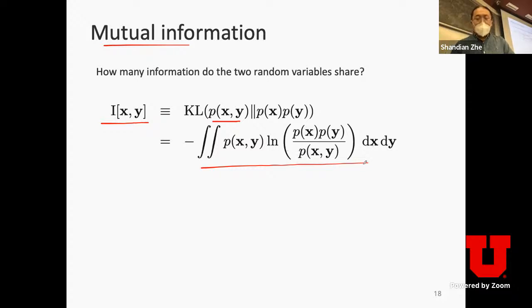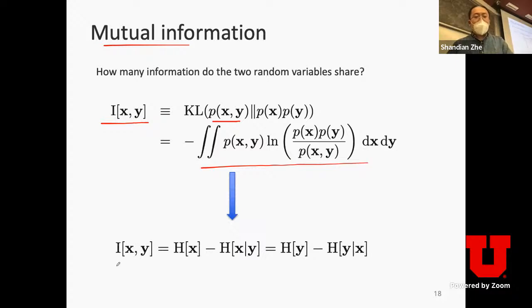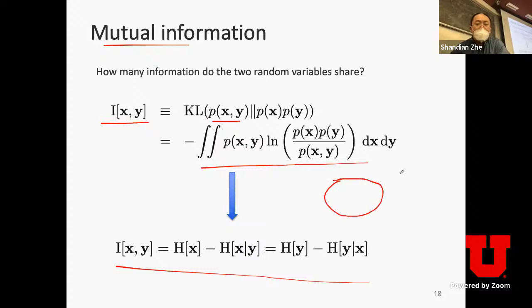So there is one well-known result, which is that the mutual information equals the marginal entropy subtracted by the conditional entropy. This result can be easily seen in this way. Because mutual information is the information shared by two random variables, it is this overlapping part.